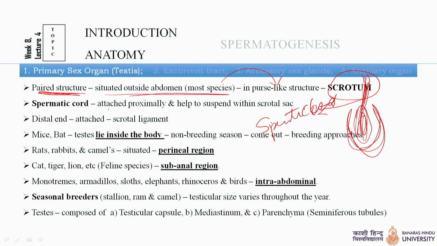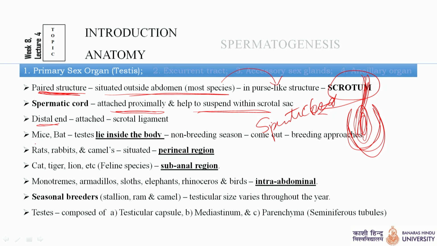The spermatic cord is attached proximally and helps to suspend the testis within the scrotal sac. Then the distal end of the spermatic cord is attached with the scrotal ligament. So the spermatic cord has a proximal end as well as a distal end. The proximal end is attached with the testis to suspend the testis within the scrotal sac, and the distal end is attached with the scrotal ligament.